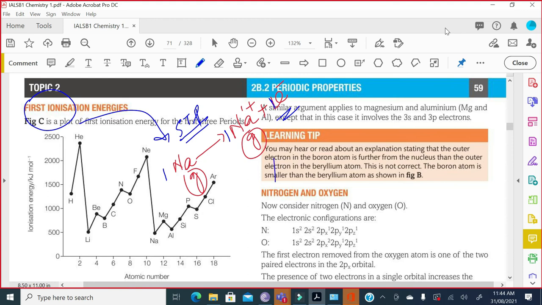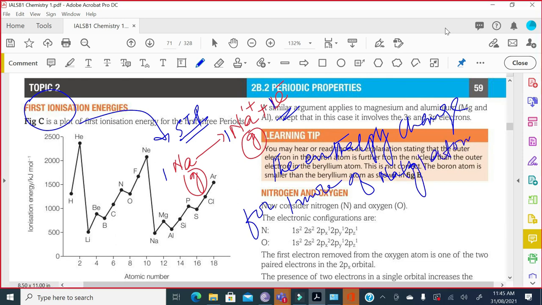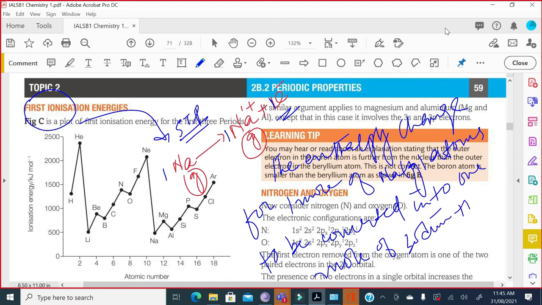The enthalpy change for 1 mole of sodium gaseous atoms to be converted into 1 mole of sodium plus 1 cation by the release of 1 mole of electrons.